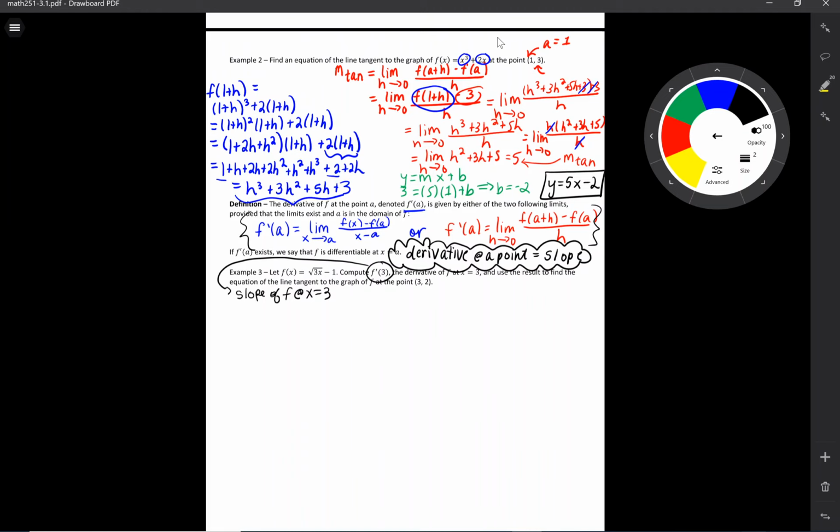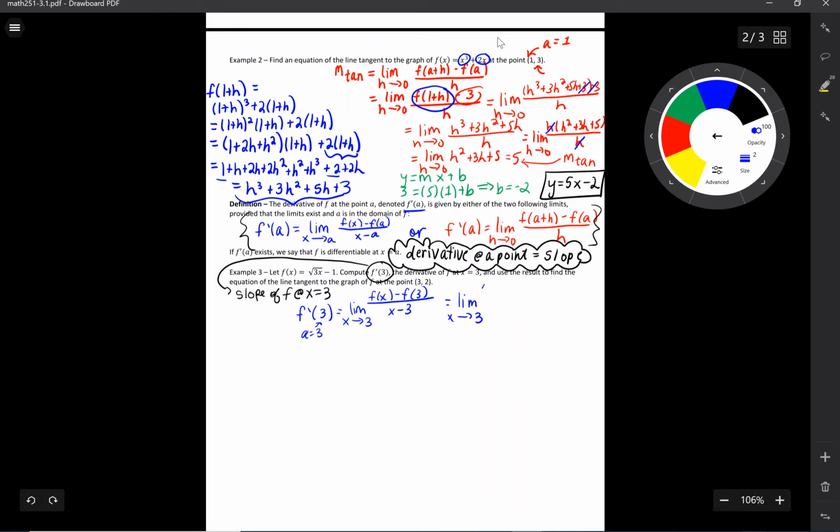So using this equation, I get that f prime of 3, so here my a value is equal to 3, so this is the limit as x goes to 3 of f of x minus f of 3 over x minus 3. All right, well, this is the limit as x approaches 3.